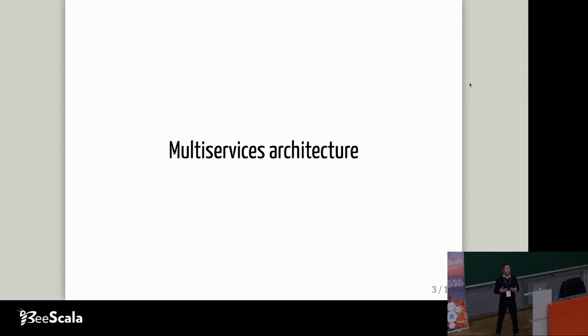Then you add more features, more users, and more data sources, and it grows and grows. At some point, you end up with a huge monolith that cannot fit on a regular server, and then you need to do some hacks if you want to continue that way.